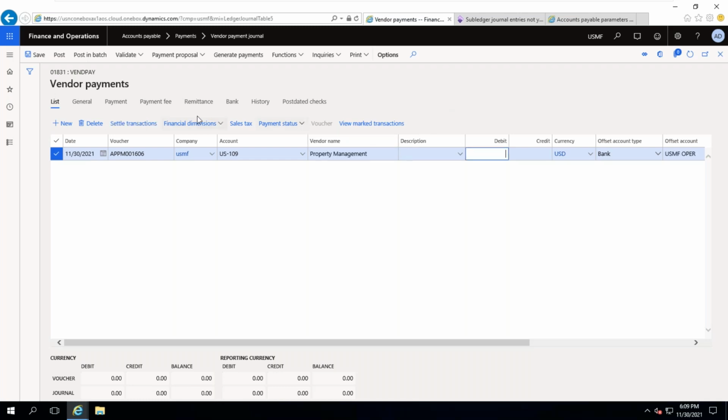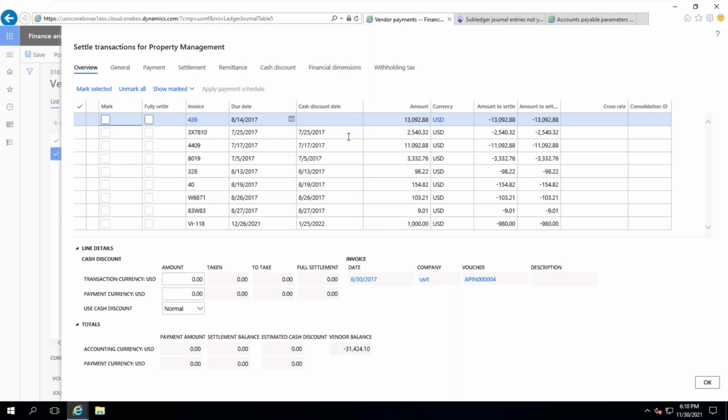Okay, let me fill. Now settle transactions. The invoice is generated already. Just now we have posted 1000.